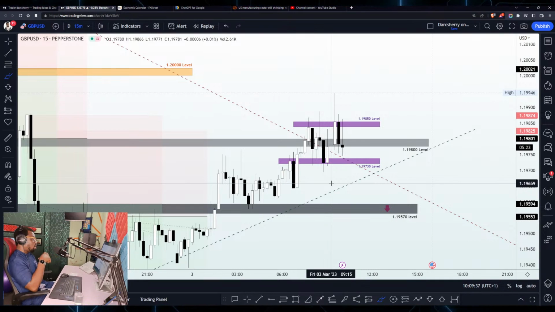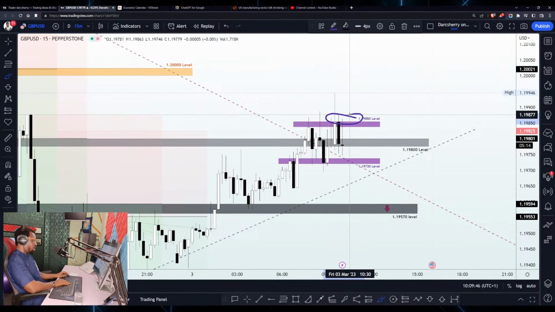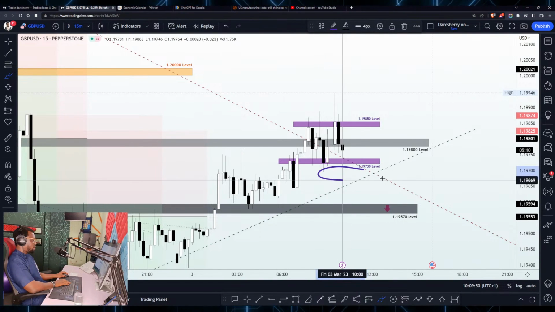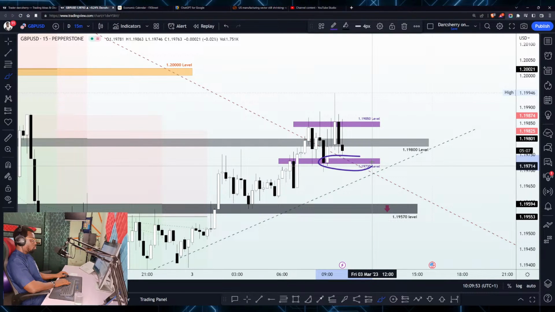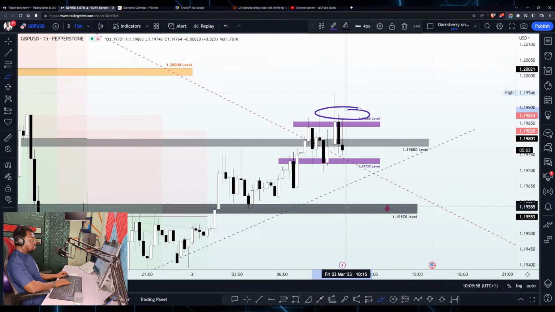A breakout of this structure definitely will be giving us a signal of where price action will be going for today. So if you have your buy stop order right here, then your stop loss should be somewhere right below the structure, and if you have your sell stop order right below this level, your stop loss should be somewhere right around the 1.19900 level.